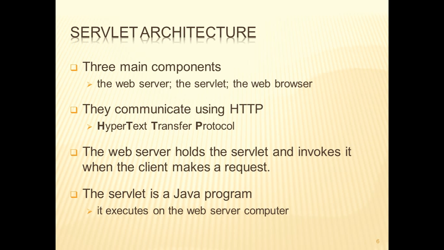And so that gives us three main components in our architecture: the web server, the servlet that executes on the server, and the web browser that executes typically on the client PC, which could be absolutely anywhere in the world, of course. You're very familiar with using web browsers, and when you make a request, you could sit at home in whatever country that might be and make a request that's halfway around the world.